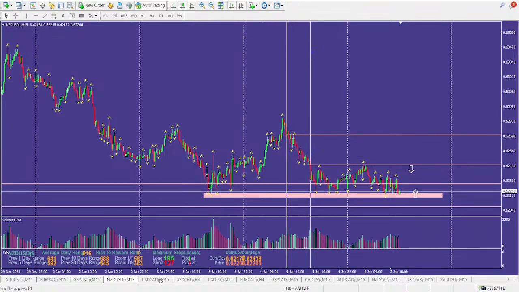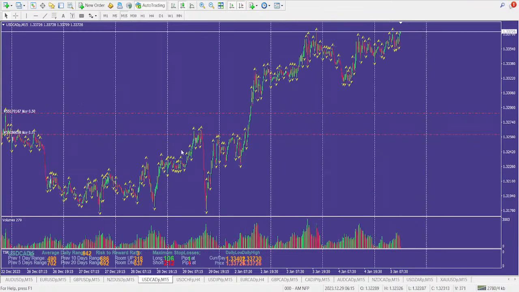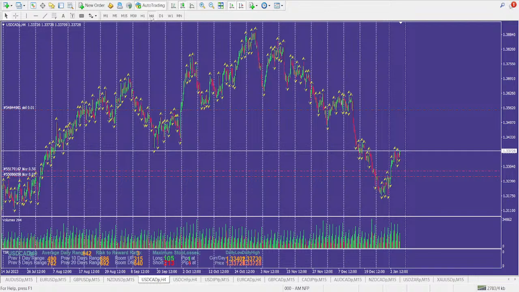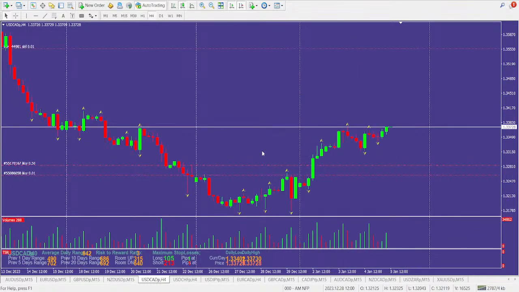Next is going to be USDCAD. So USDCAD, starting on the 4-hour time frame, we have a potential level over here. It could be a potential demand level. Okay, next level of demand, we'll have a look at this level over here.